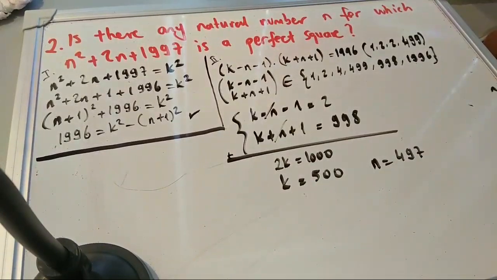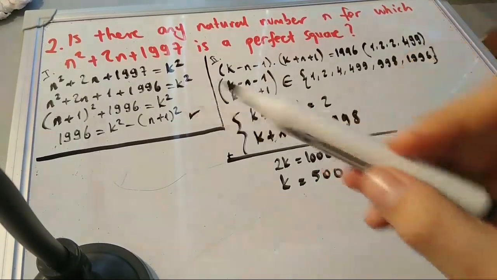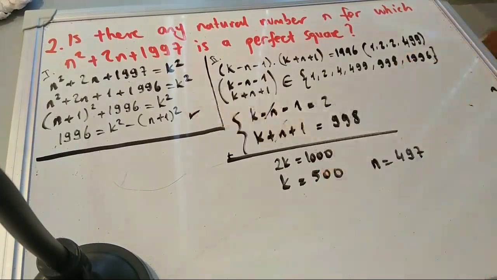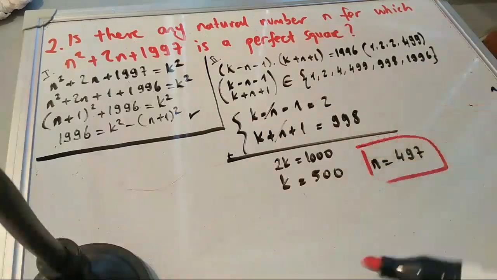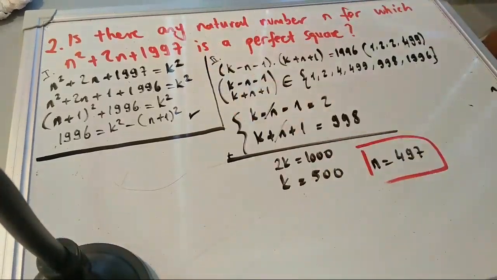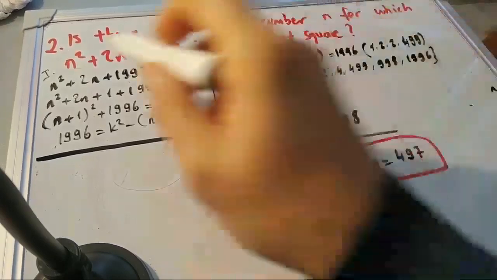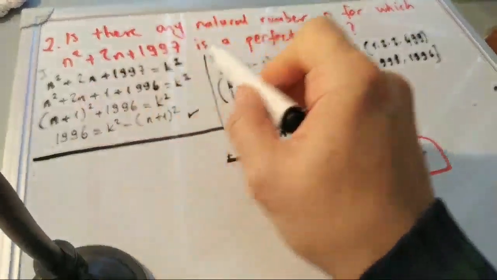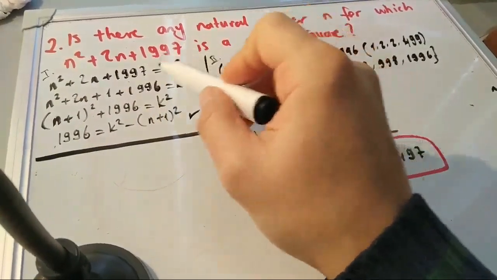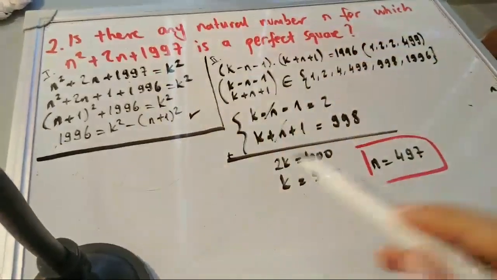So we can say n squared plus 2n plus 1997 is a perfect square for n equal to 497. Okay, 497. And when we write n is 497 here, what is k? k is 500, right?